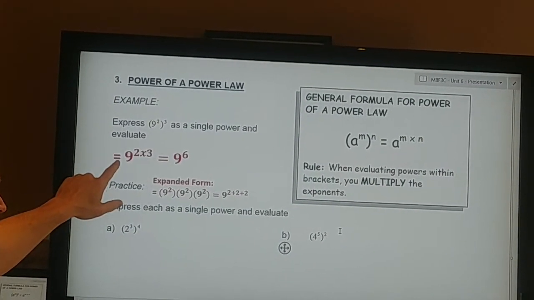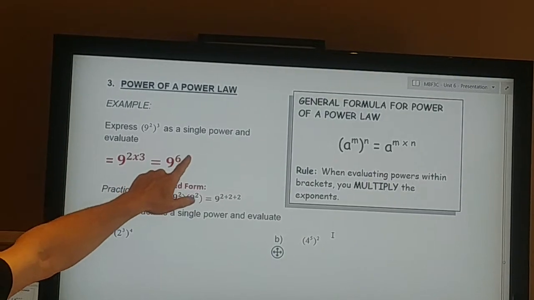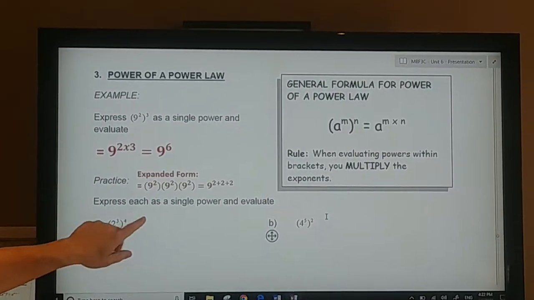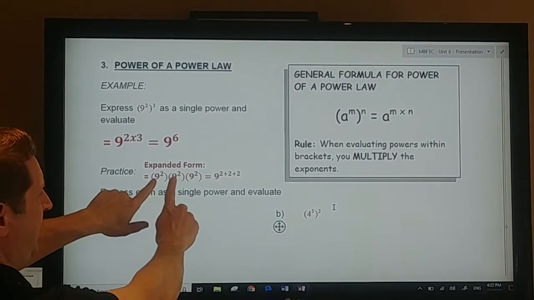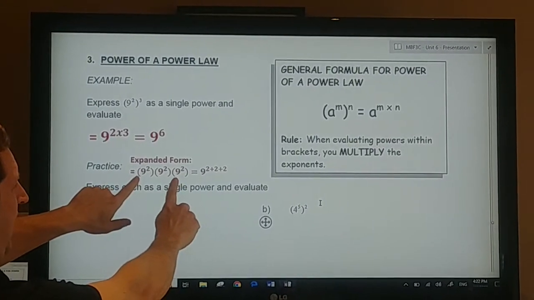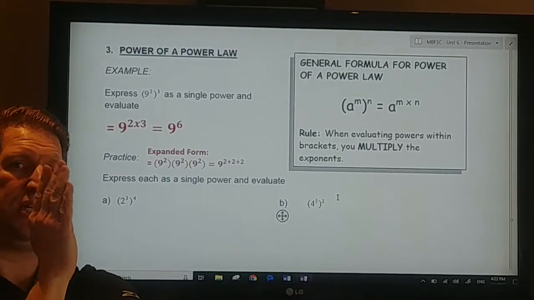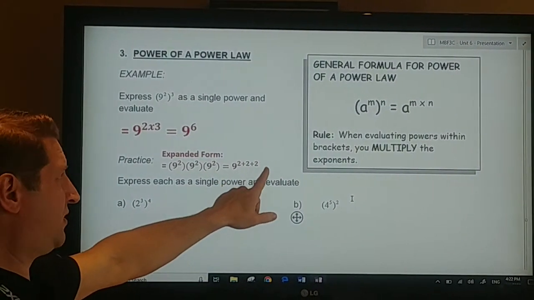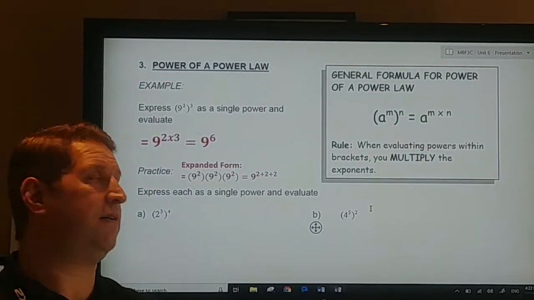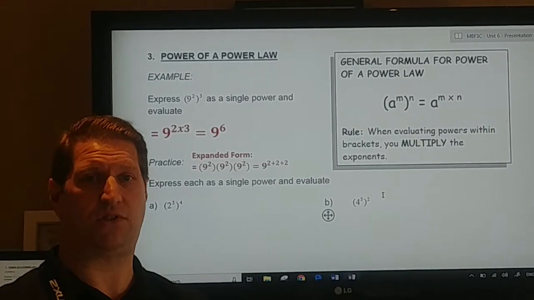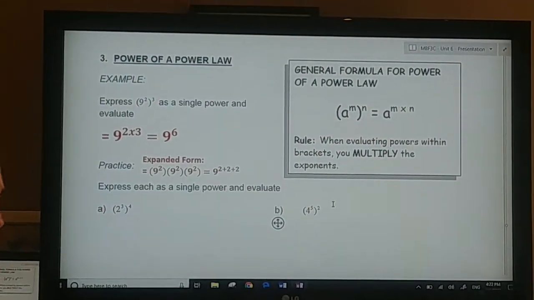So that's 9 to the 2 times 3, or 9 to the 6. And this is much simpler than the expanded form, where you have each 9 squared, and in this case it's all multiplication, so the multiplication becomes addition, and you have 2 plus 2 plus 2. So the whole point of this property is to make it faster for you to expand it.